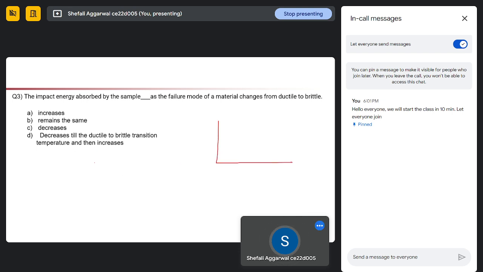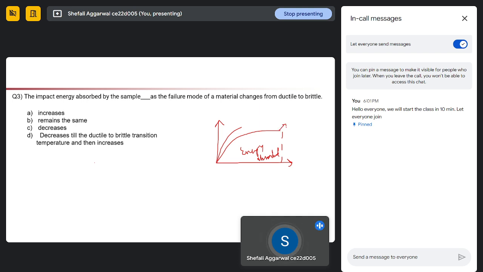So if you remember, this is the energy absorbed, the area under the curve. What will happen?